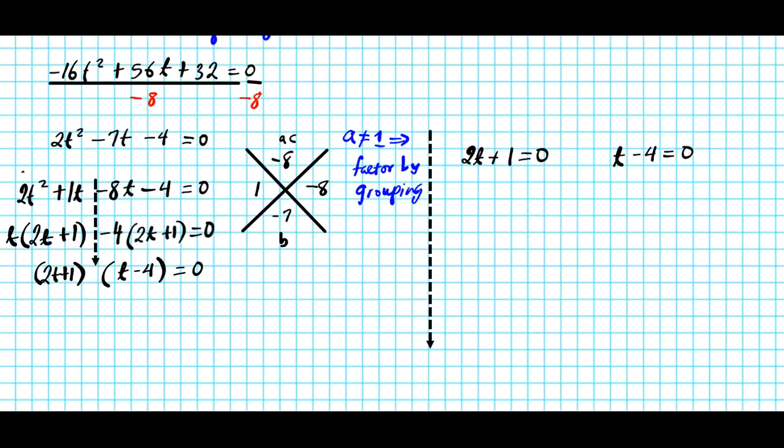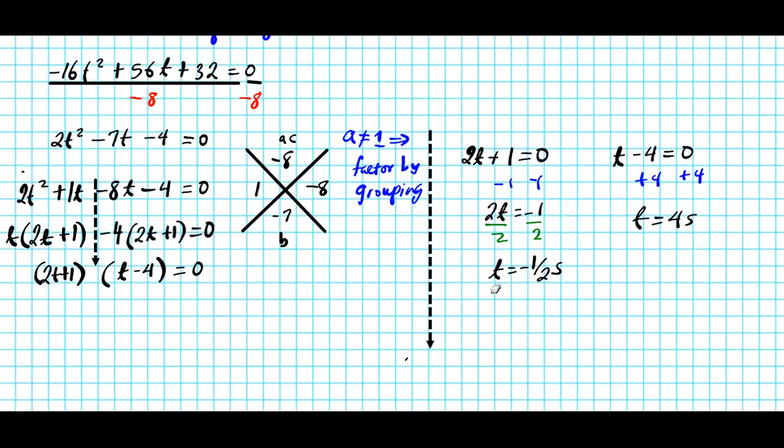If we solve the first one, subtract 1 from both sides and divide by 2. We'll have t equals negative 1/2 seconds. And then for the second equation, just add 4 to both sides, and that leaves you with t equals 4 seconds.